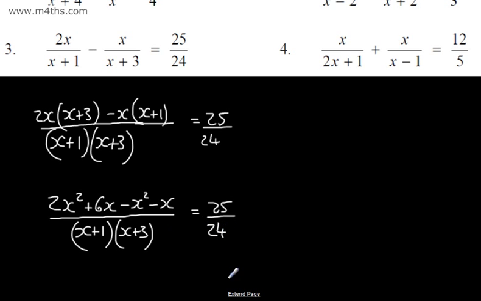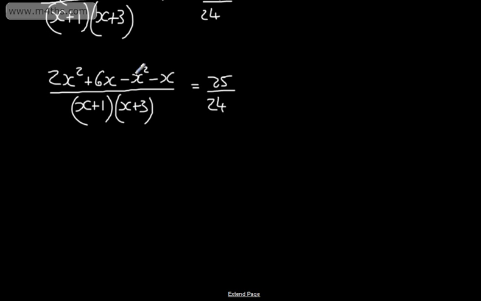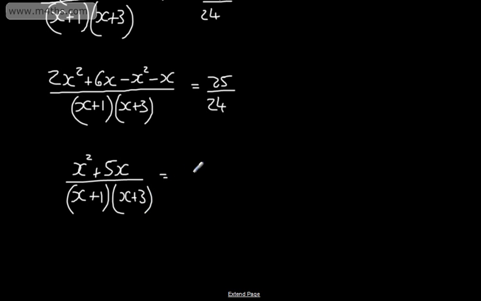Okay, so let's now just do a bit more tidying in the numerator. We can see we've got 2x squared minus x squared. Well, that's going to give me 1 lot of x squared. 6x minus x is going to give us plus 5x. And that is over x plus 1 multiplied now by x plus 3. So let's go ahead. That's 25 over 24.